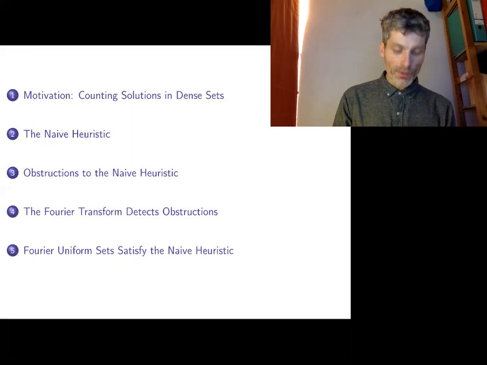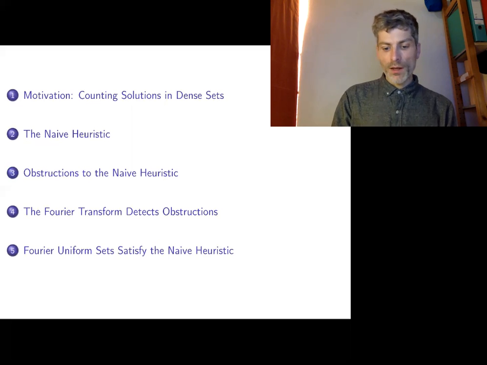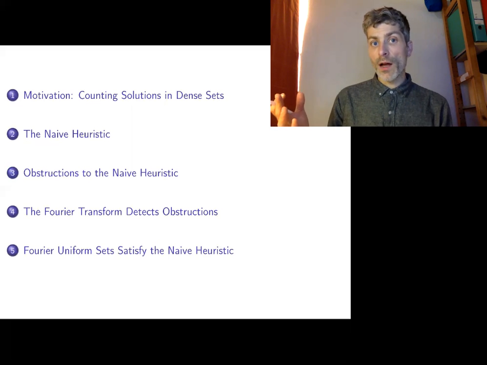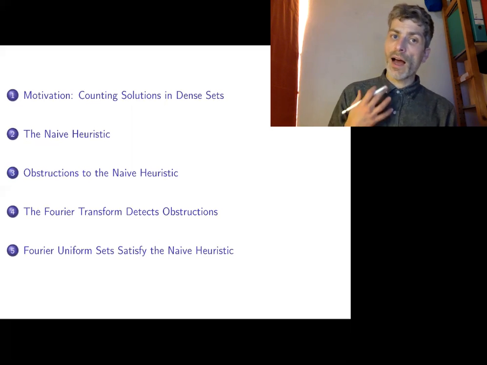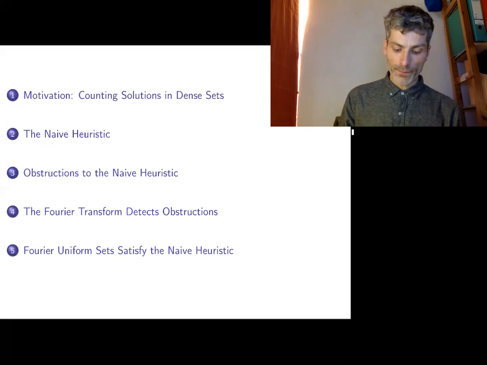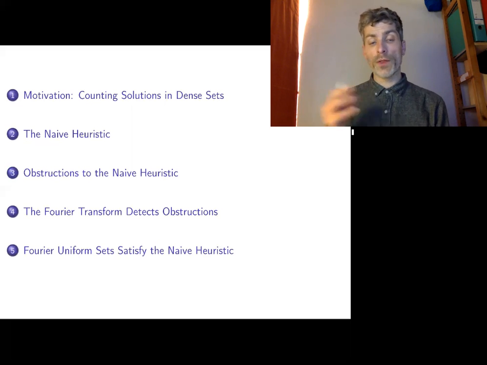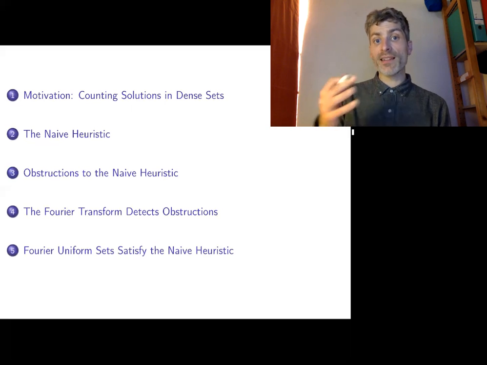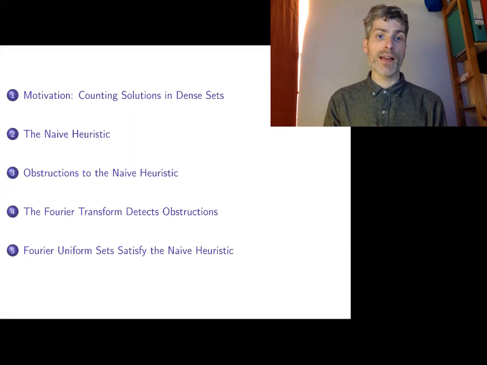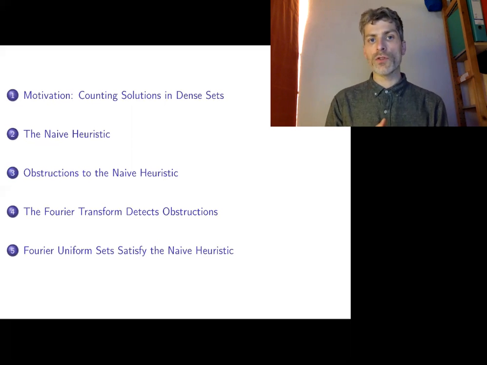We'll show that this notion is quite useful because if you are given a Fourier uniform set, if you know nothing about it apart from its density and the fact that it's Fourier uniform, you can obtain an asymptotic formula for the number of solutions to an equation where the variables come from that Fourier uniform set. So Fourier uniform sets satisfy this naive heuristic. They have the heuristic order of magnitude when you're counting solutions to an equation in that set.